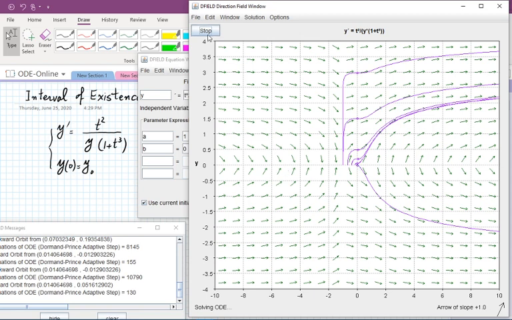By the way, when you see this stop sign coming up, it means the software also had an issue. When it hits the end of the interval of existence, it kind of gets bogged down. The software doesn't know what to do either, and you have to help it by stopping it and saying, okay, don't work on it anymore, there is nothing for you to do. If you go somewhere else and click, the software doesn't respond because it's still trying to figure out what's going on here.